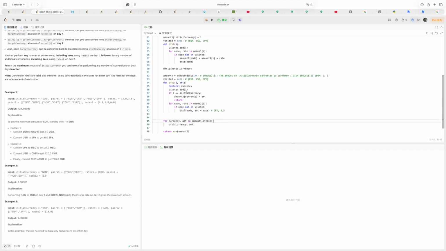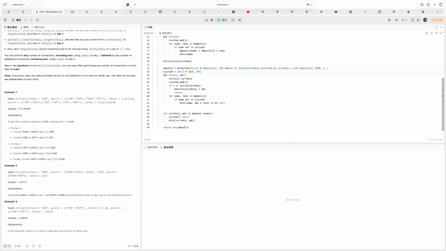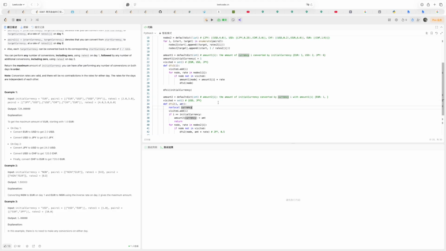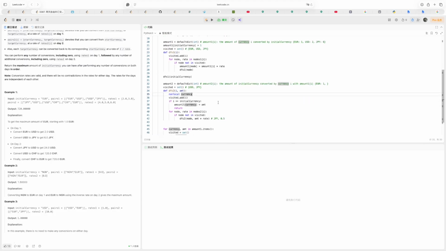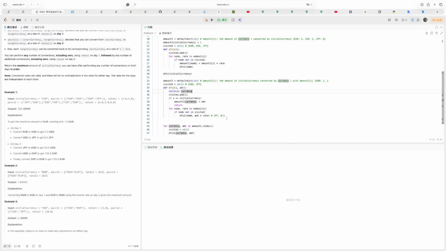Yeah, let's reset it. I think we'll have this. Our currency is now USD, and we are now in JPY with 0.5.